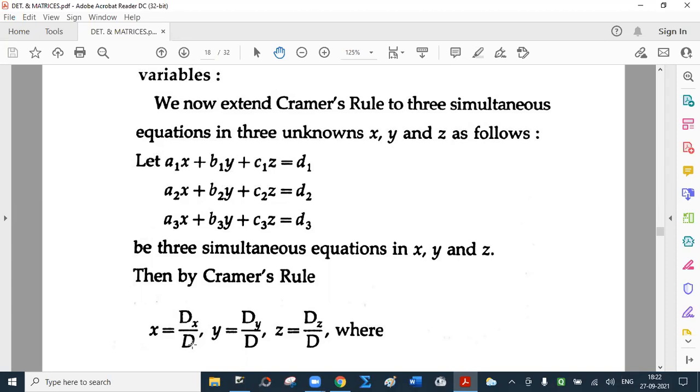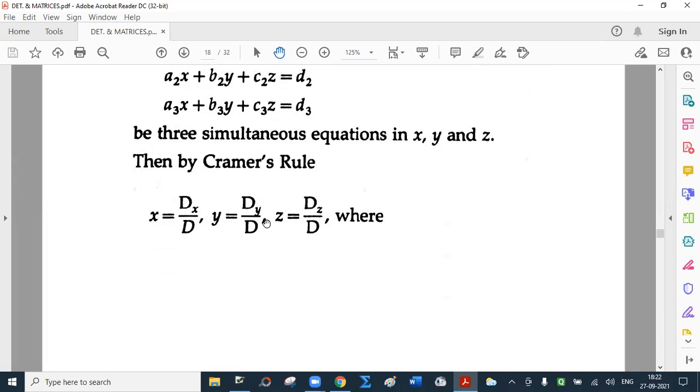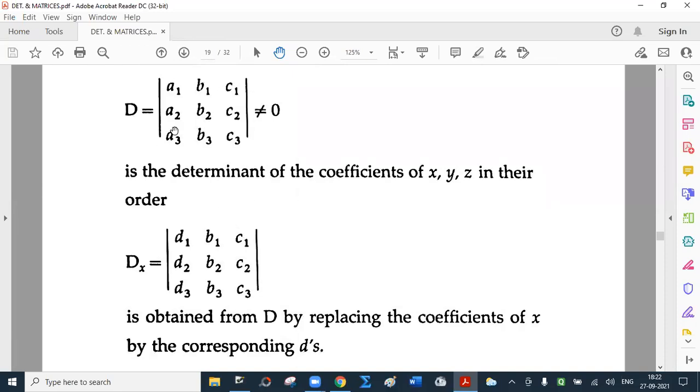The only change is replace coefficients of x, which are in the first column, by constant terms d1, d2, d3, and so on. See this. See, this is d, this is dx. Okay. So this is how we can solve simultaneous equations using Cramer's rule.